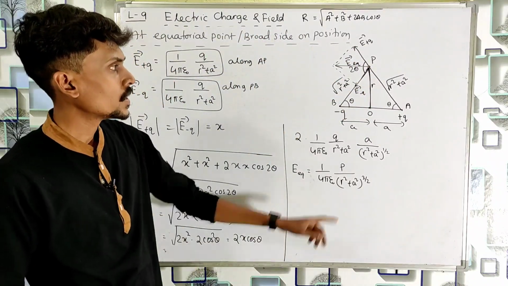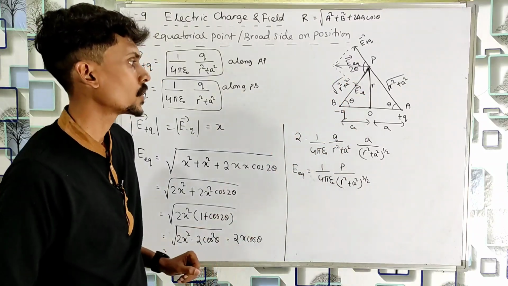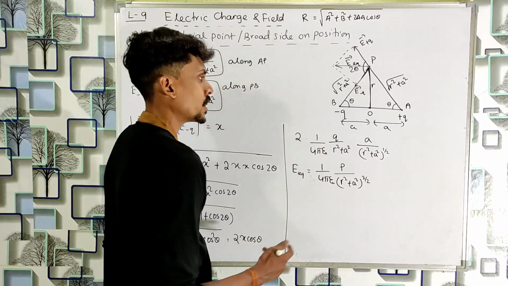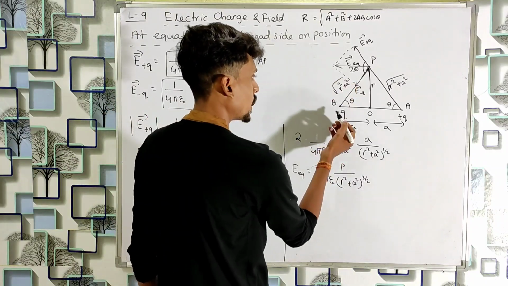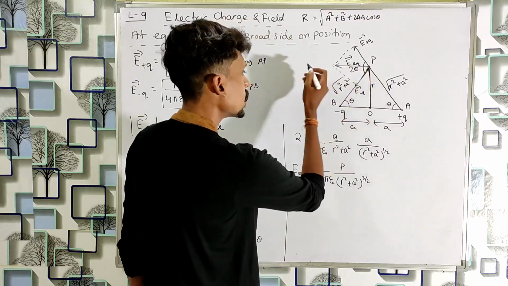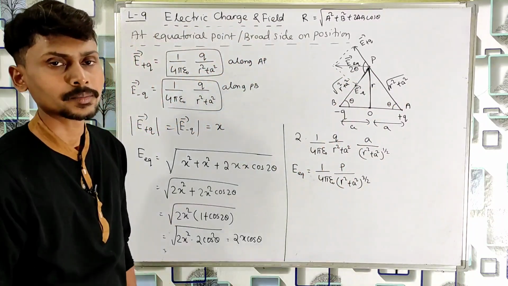And you can see that E equatorial is directed opposite to the dipole moment, because the dipole moment is directed from negative to the positive charge, means towards right, but E equatorial is opposite to the dipole moment.